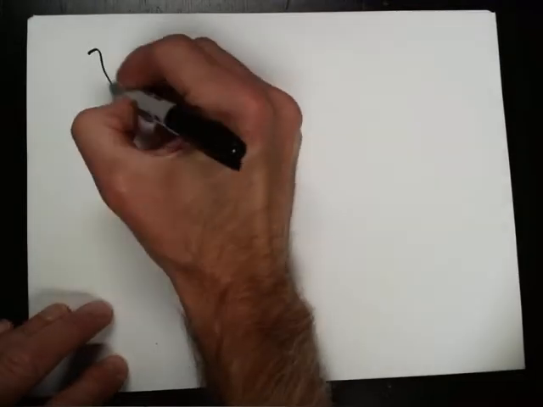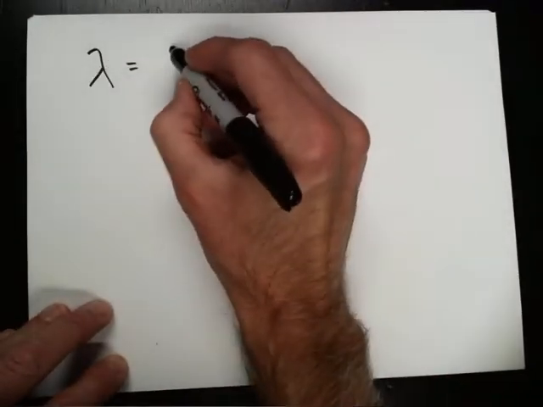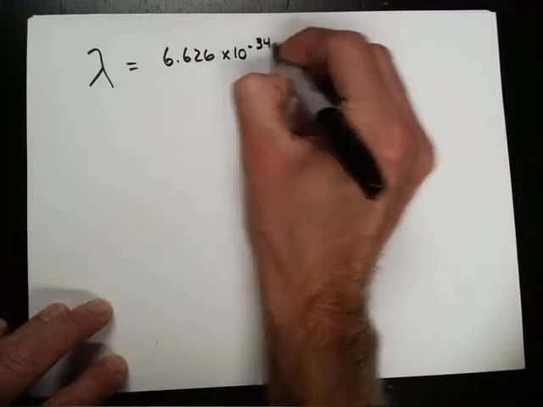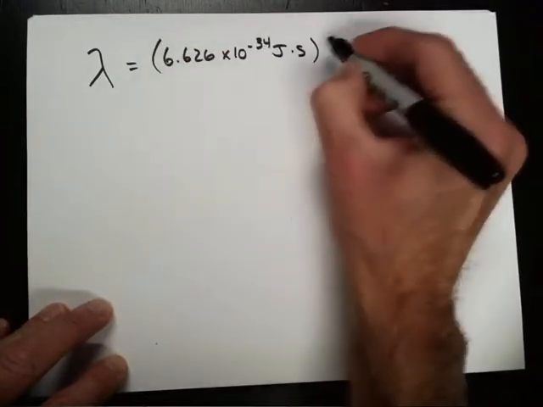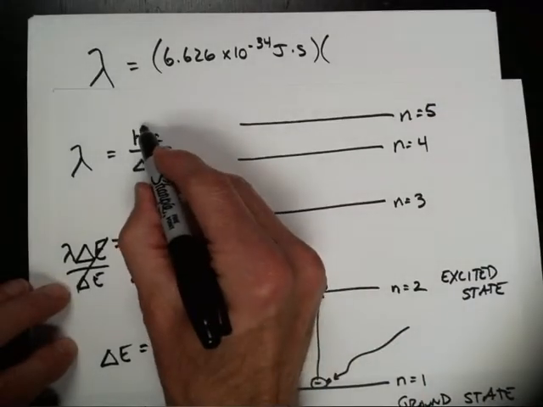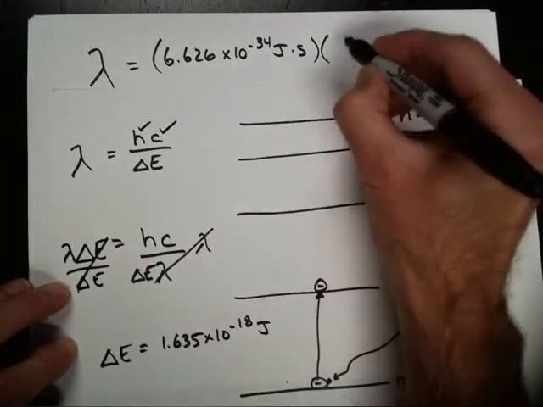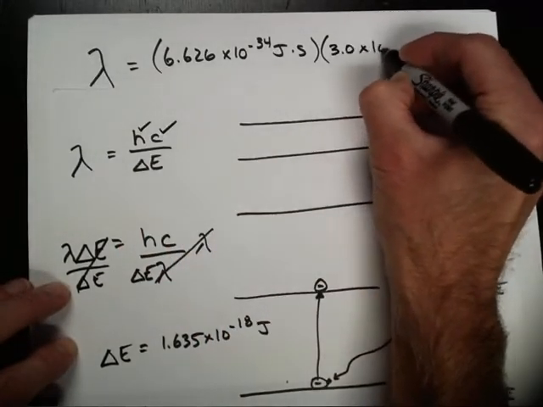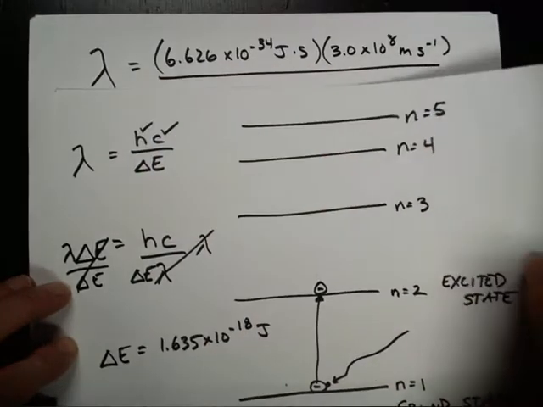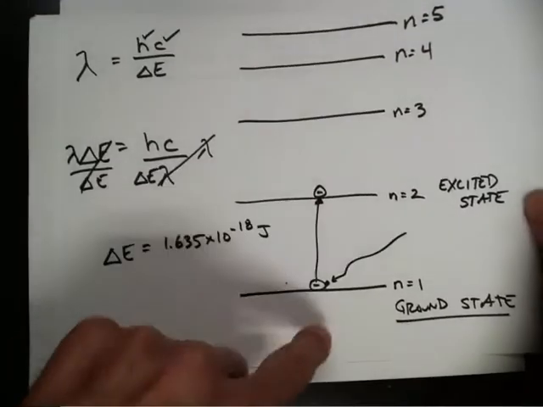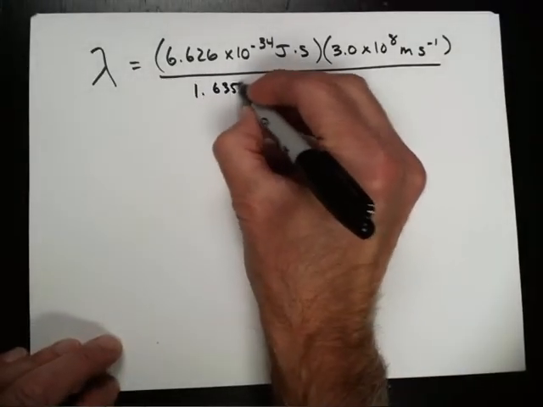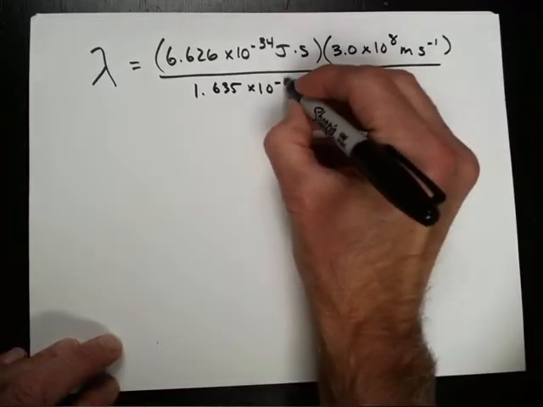All right, my wavelength is going to have to be Planck's constant, 6.626 times 10 to the negative 34 joules times seconds. We're going to multiply that by the speed of light in a vacuum, 3 times 10 to the 8th meters per second. And we're going to divide that by the difference in energy between the two states, 1.635 times 10 to the negative 18 joules.